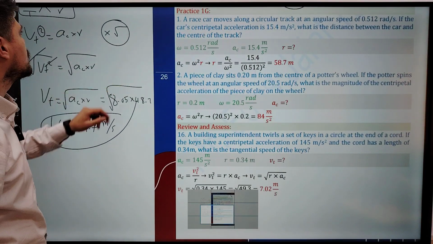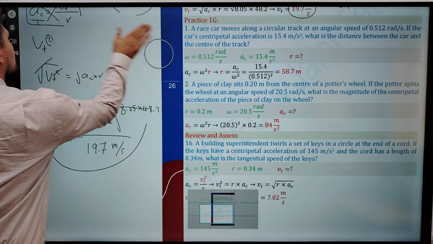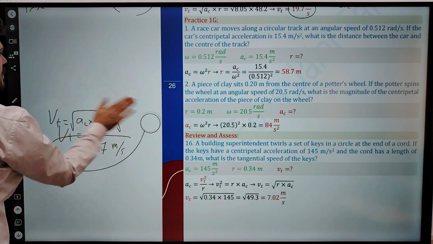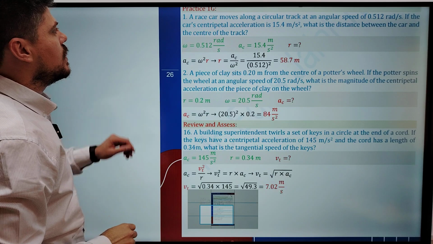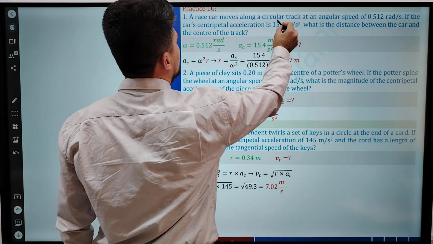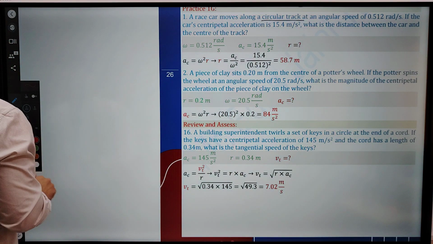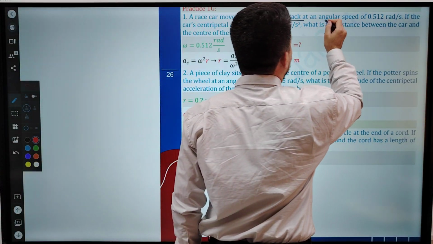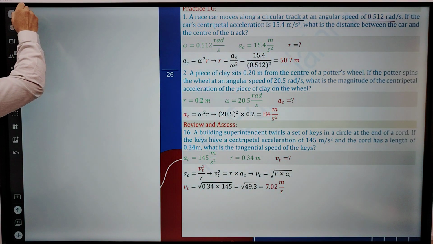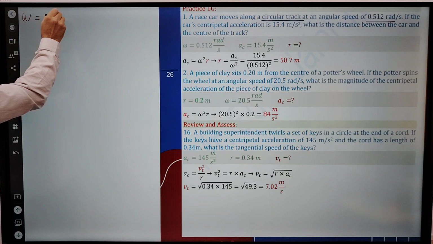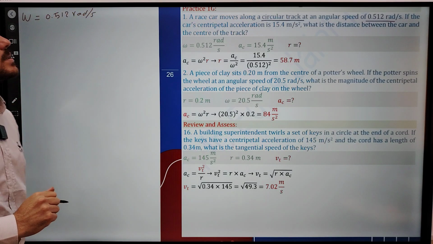Question 1. Look at question 1. In practice 1G, a race car moves along a circular track at an angular speed. What is this? This is angular speed, which is equal to 0.512 rad per second. Omega is given, 0.512 rad per second.